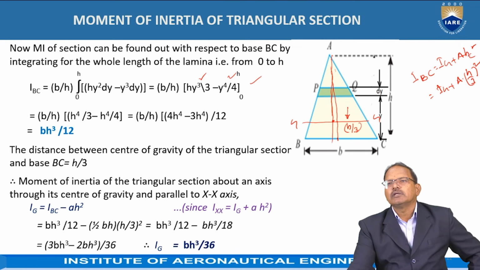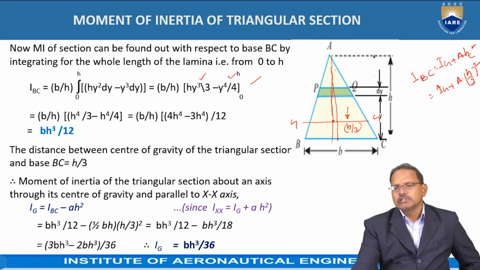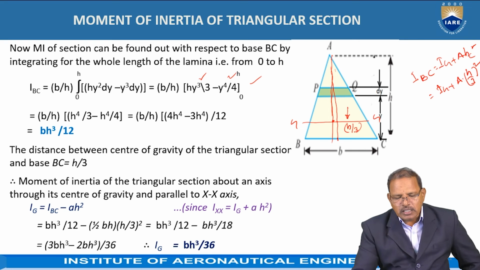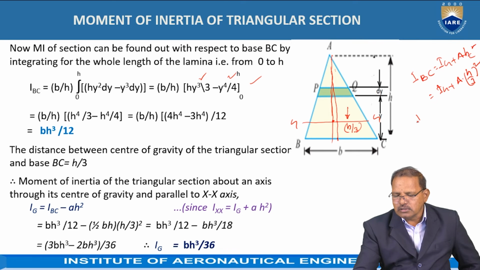By using this equation, we can determine the moment of inertia possessed by the triangular section about its centroidal axis. From this relation we get IG is equal to IBC minus A into h by 3 whole square.